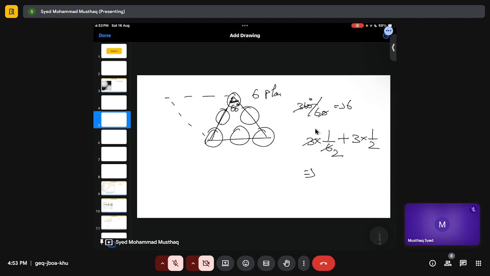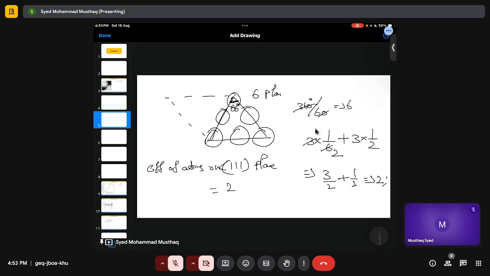Right? So 1 by 2 plus 3 by 2, which is 2. So the effective number of atoms on the 111 plane is 2. And then we have to find the area.